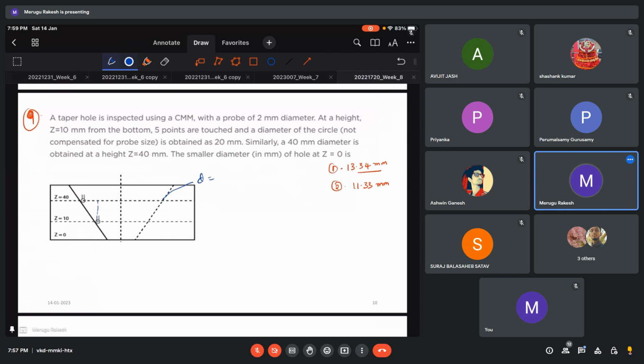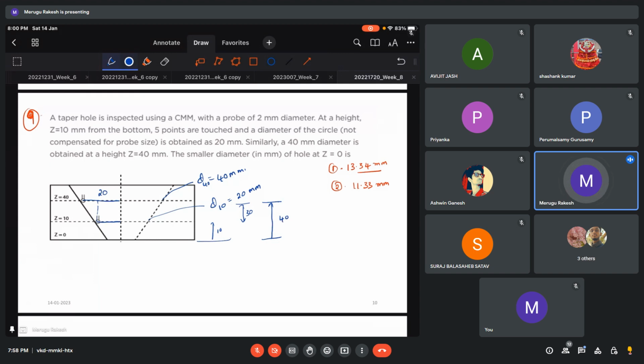So here you got the diameter of the hole. The total distance is 40 by 2, that is 20.